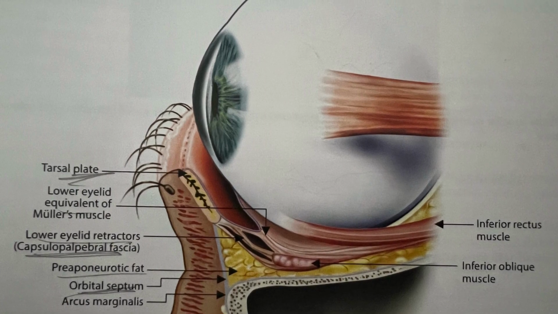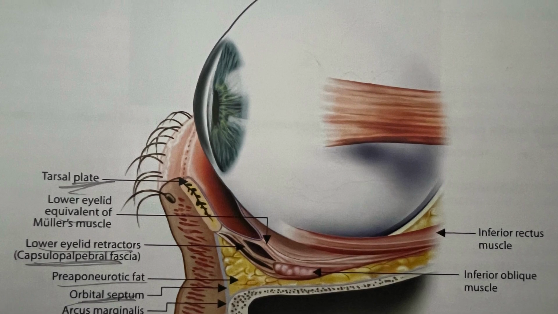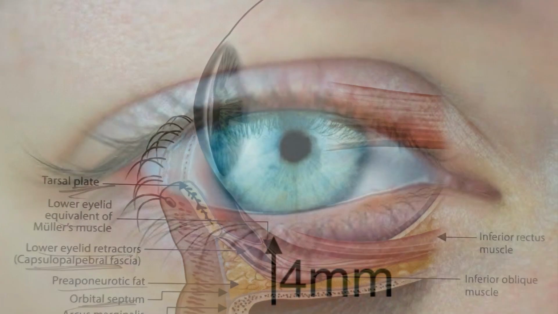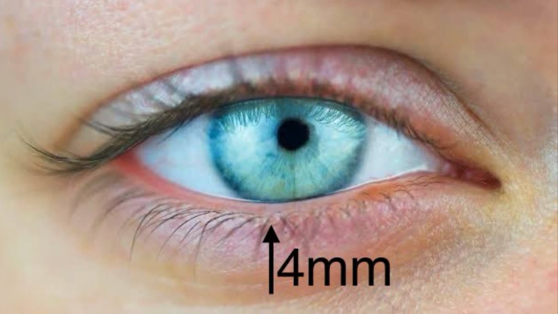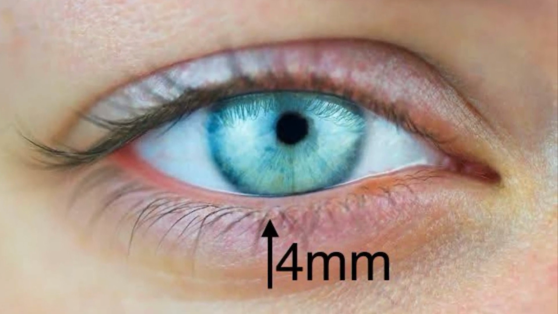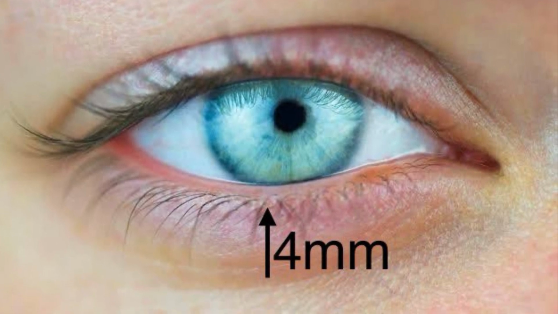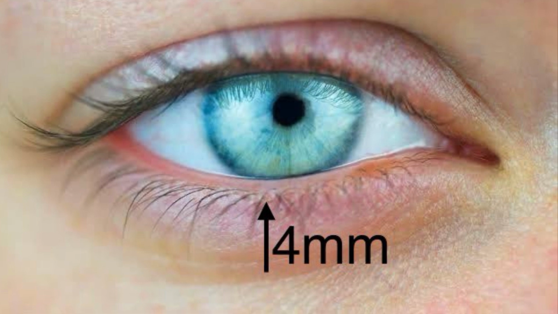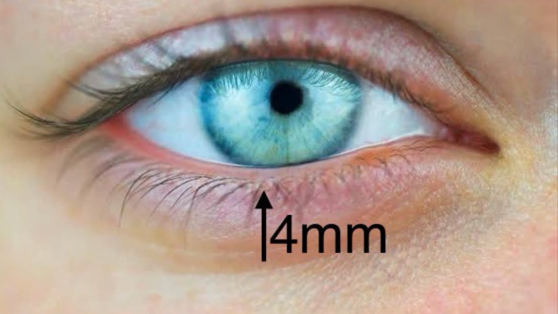And the third lamella is the posterior lamella, which is formed by the tarsus and conjunctiva. The lower eyelid crease is variable but usually situated approximately 4 to 5 mm below the eyelid margin. The lateral canthal angle normally sits approximately 1 mm higher than the medial canthal angle.